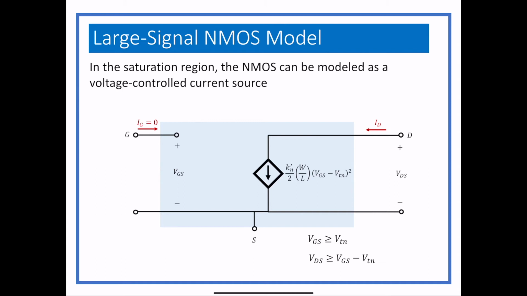But you notice VDS is an output voltage which doesn't look like it's attached to anything. It's just there. There's nothing for it to be across, and that's because in the saturation region, VDS is set by whatever value we happen to end up with. So it can change, but the current depends directly on the voltage. We can change VGS, and that will change the current. The output voltage could be whatever, it doesn't matter. So that's a reasonable model.